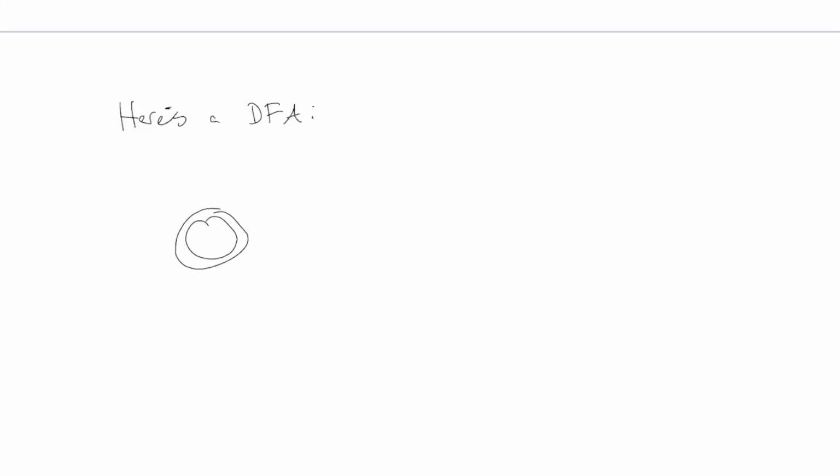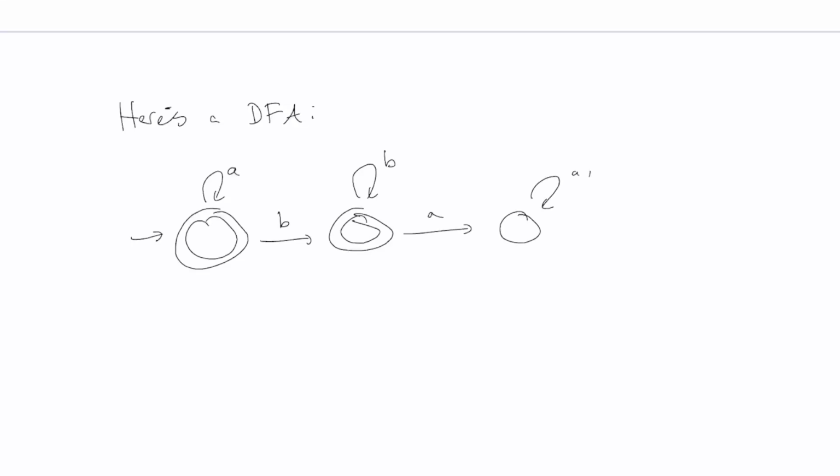This is a simple example, but let's talk about A's and B's again. There's a DFA. This one has two accepting states, which is allowed. It can have as many accepting states as you want.